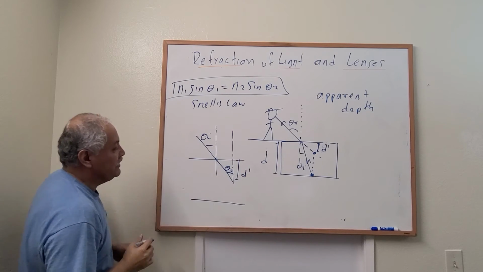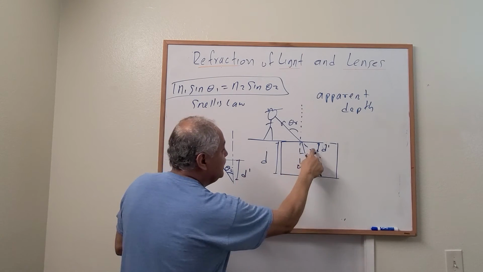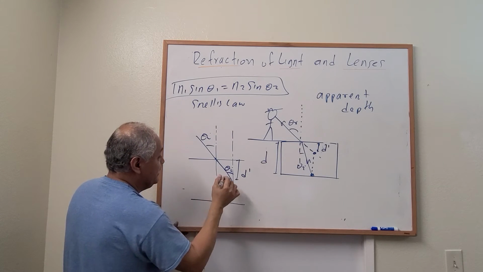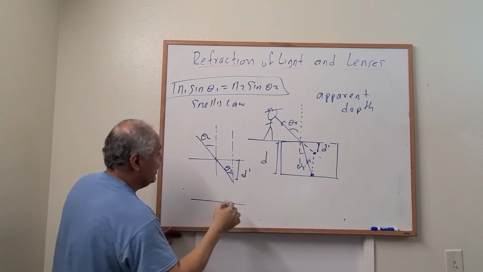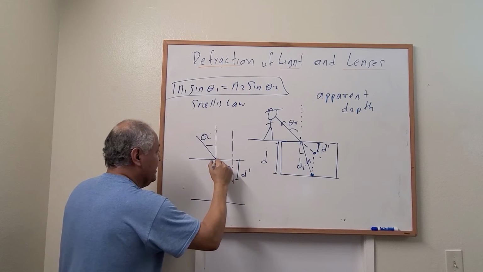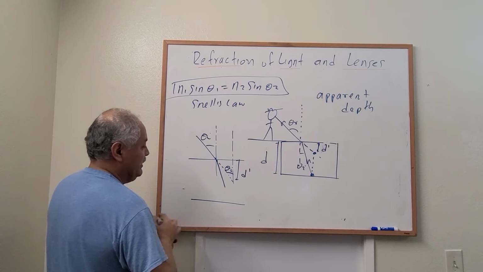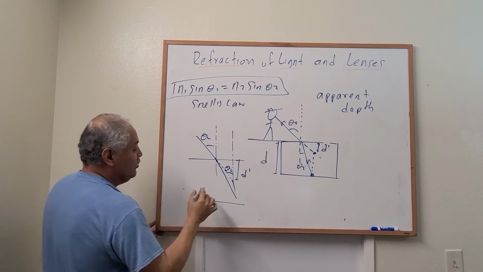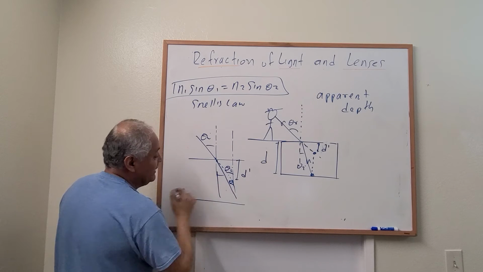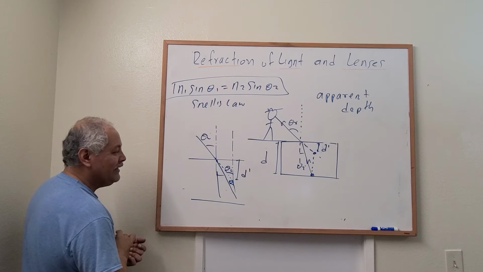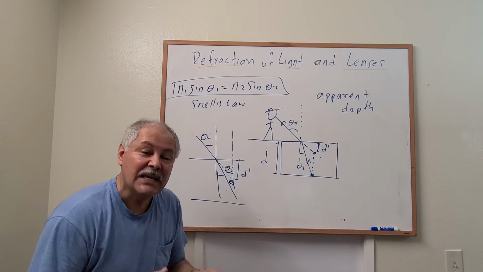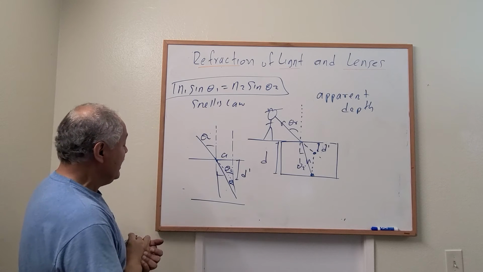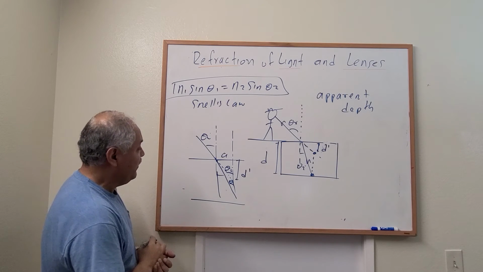Now let's go to this line, the refracted one. This angle is the same as this angle too, but they share the same side. Let's call this side A.